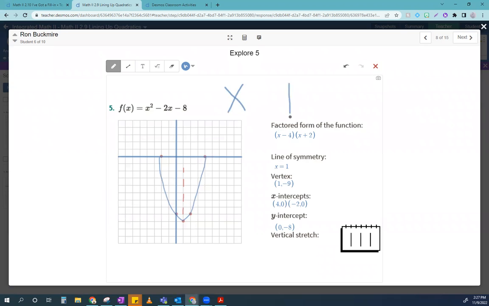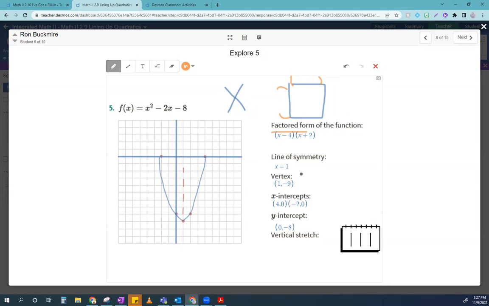And then you fill in your box, right? So factored form here means the parentheses here and here for this rectangle. So if you ever forget, Ms. Johnson, what's factored form again? It's the outside of this rectangle. Very good. This person had x minus 4 and x plus 2.